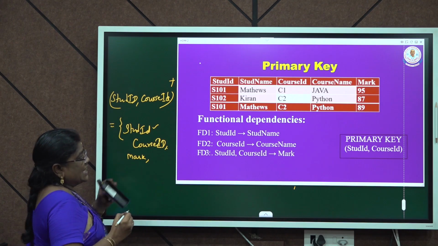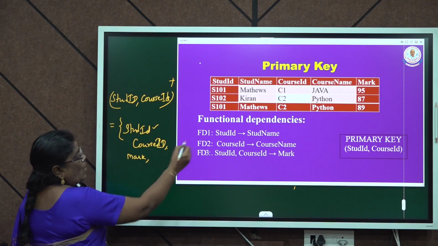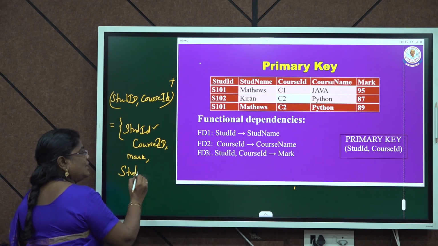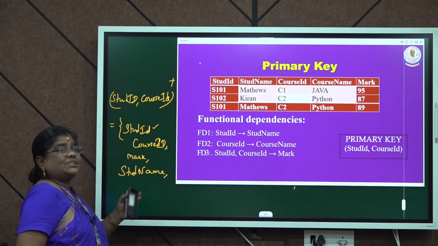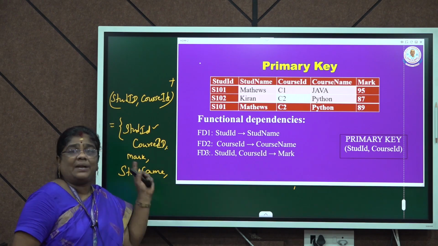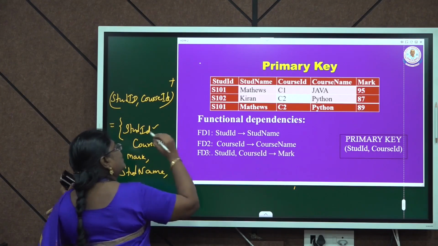We are going to check in FD1. What is the beta you have in FD1? It is stud name. So I have to include stud name. Based on FD1, I have included stud name since the stud ID is present. In the same way, now we are going for the next attribute, course ID.